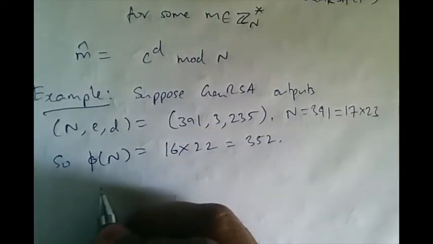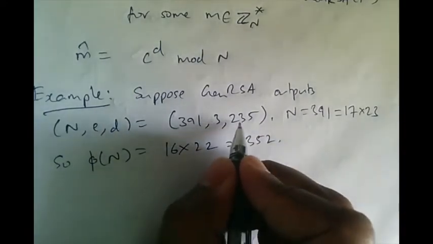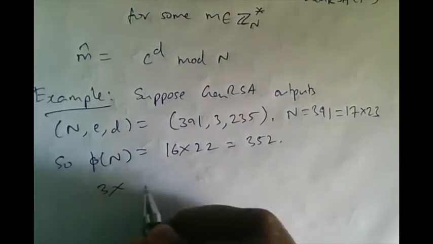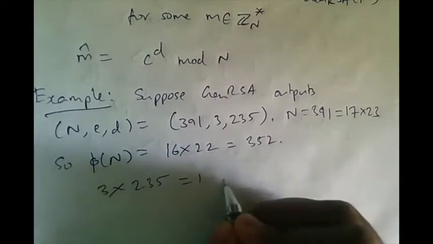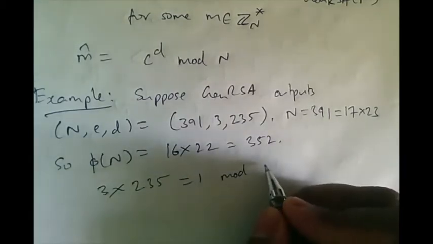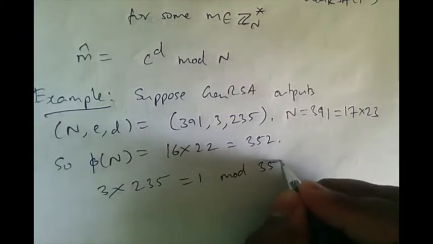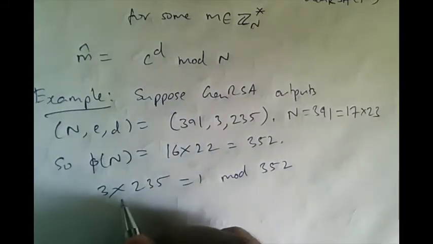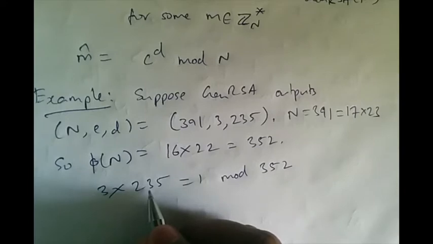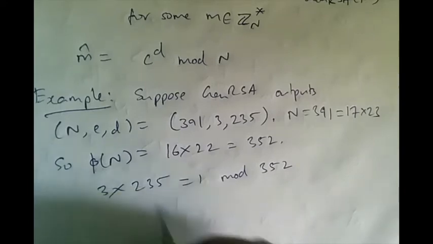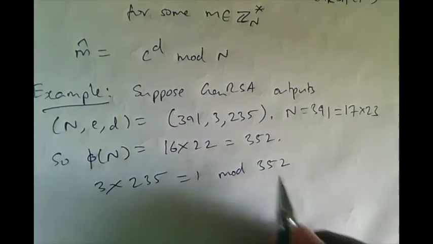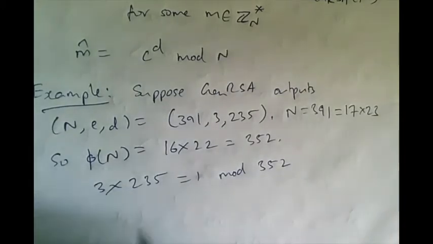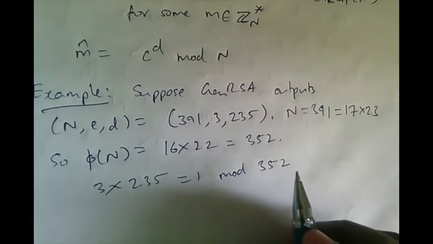So here it turns out that d is 235, e is 3. So 3 times 235 turns out to be 1 mod 352. You can check that. 3 times 235 is 705 and 352 times 2 is 704. So this turns out to be 1 mod 352.